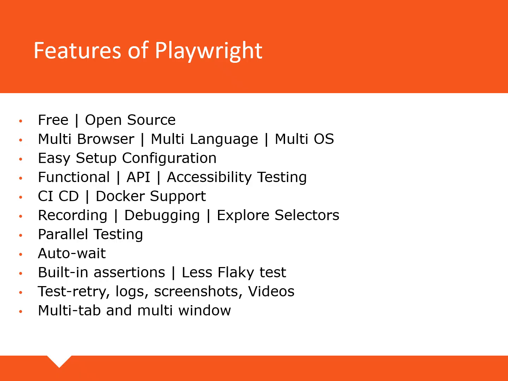All this will happen at the backend. So with auto waits, timeouts and built-in assertions, our test cases are much less flaky. Flaky test means when you run a test, sometimes it passes, sometimes it fails. These kinds of tests are flaky tests. So with Playwright, there will be very few or no flaky tests.